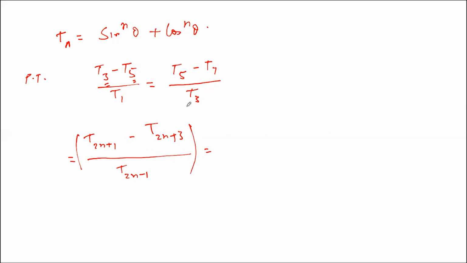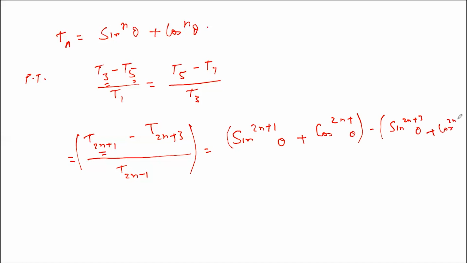So let's start with the numerator. T(2n+1) is sin^(2n+1) theta plus cos^(2n+1) theta, minus sin^(2n+3) theta and cos^(2n+3) theta.